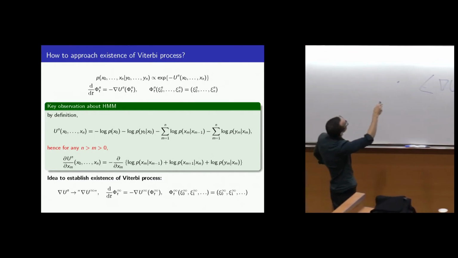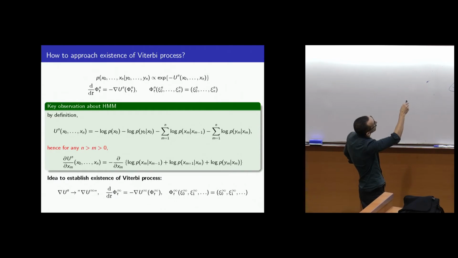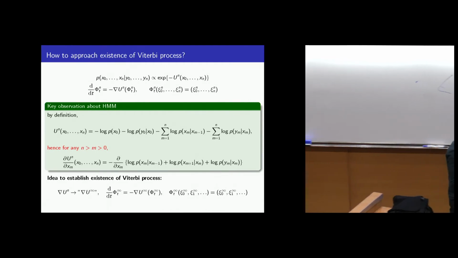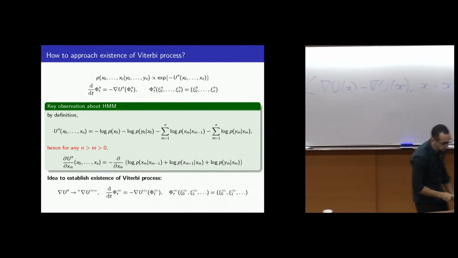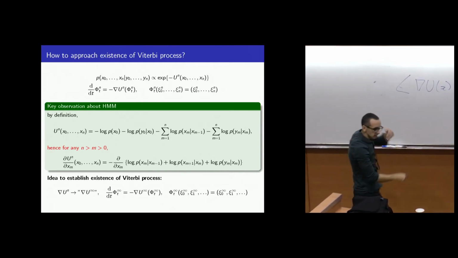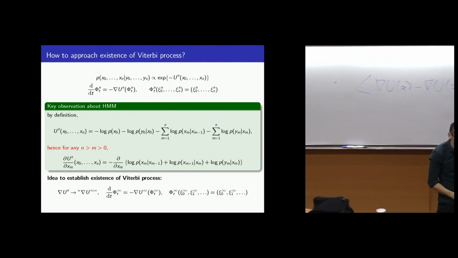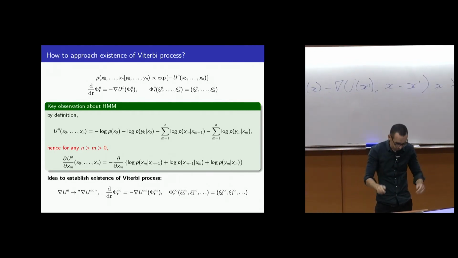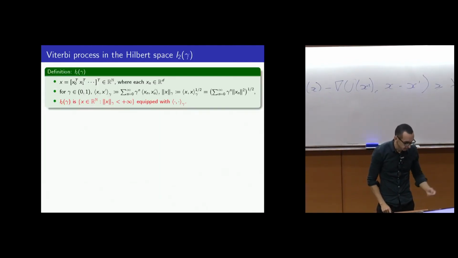If such a thing exists, well, perhaps we can try to write down an ODE associated with this limiting object and try to characterize the Viterbi process as a fixed point associated with that. Okay, so of course this is very vague. What I'm trying to introduce on the next slide is the mathematical formalism to make it a bit more rigorous. Okay, so this is the way.